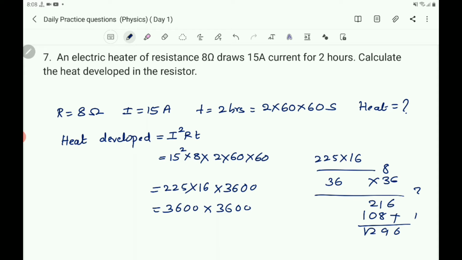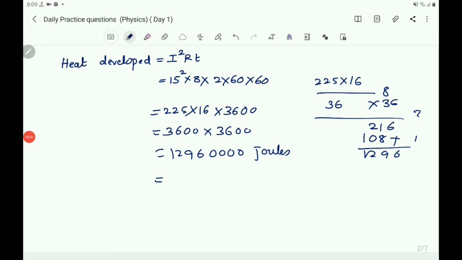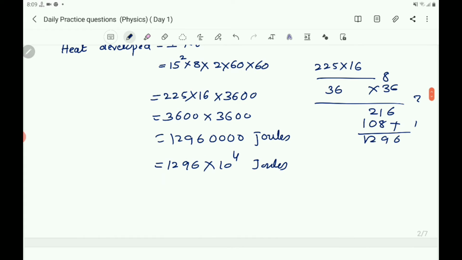You will get 12,96,0000 joules, that is 1296 into 10 power 4 joules. You can convert that joules into kilojoules by dividing by 1000.